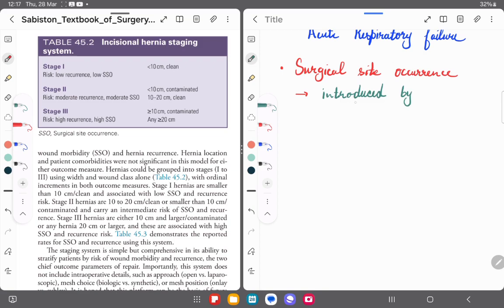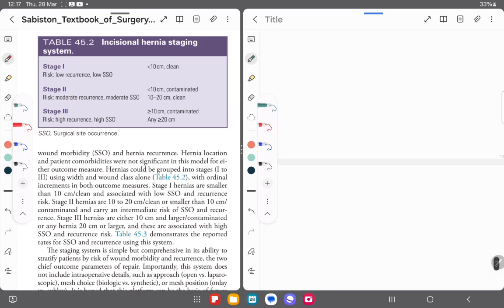This group consisted of general surgeons and plastic surgeons who were interested in abdominal wall reconstruction, and they universally adopted the term surgical site occurrence.